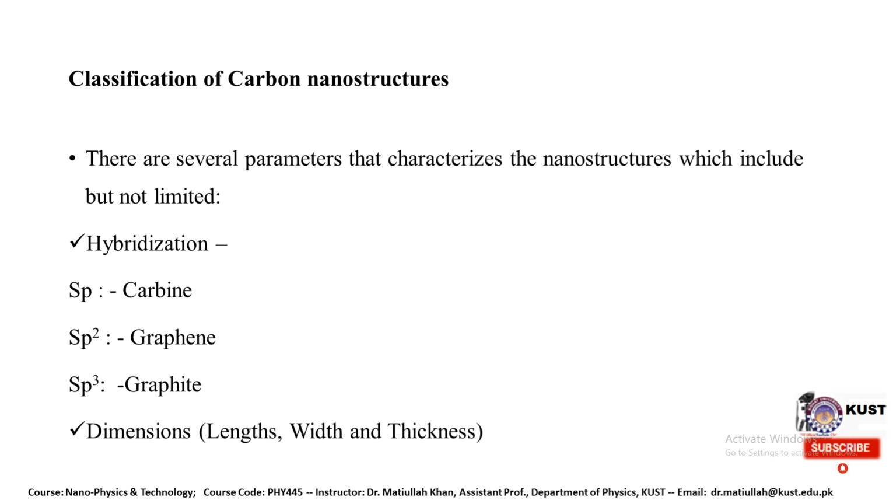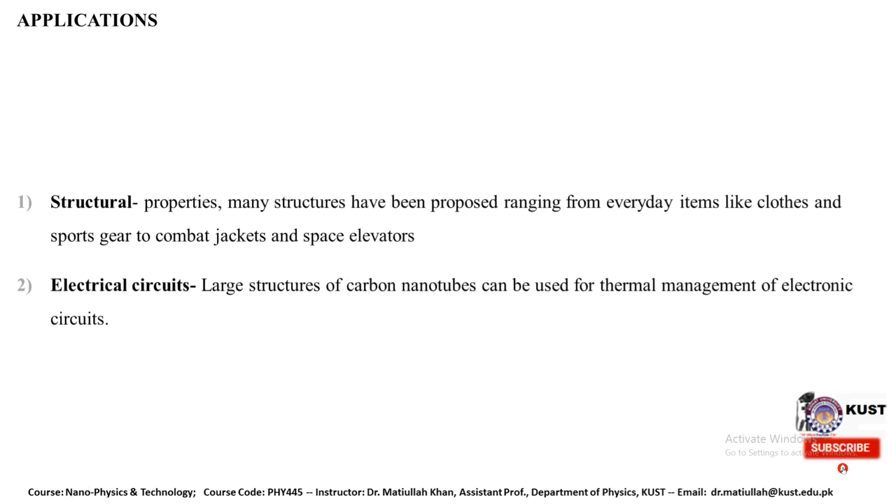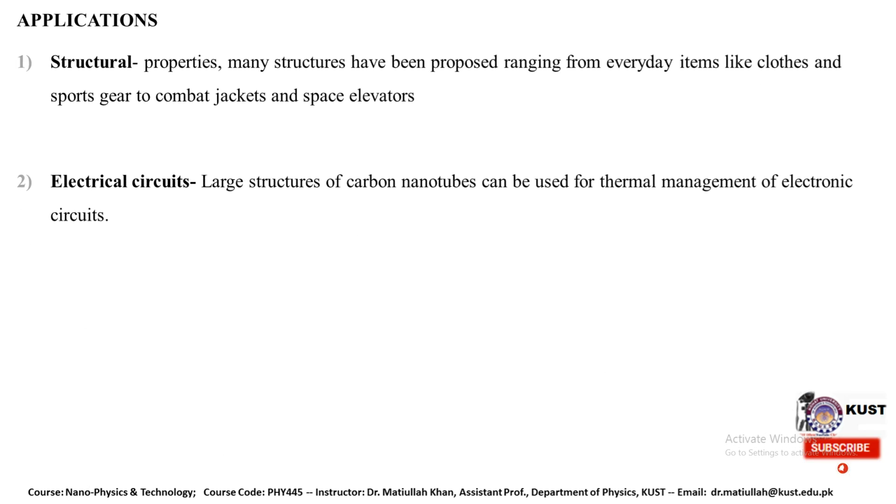There are several parameters that characterize the nanostructure, including but not limited to the hybridization and other parameters, such as graphene or graphite, and dimension, such as 1 dimension or 2 dimensions. It also depends upon the length, width, and thickness of the carbon nanotube. It has very interesting applications, and the applications are due to its interesting properties.